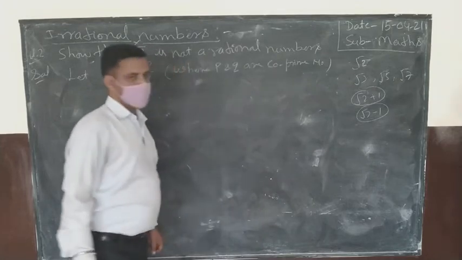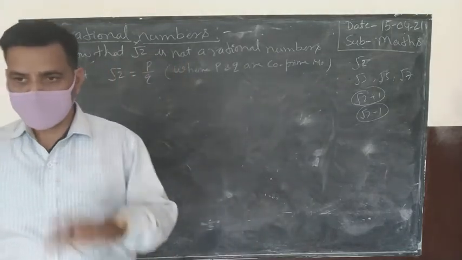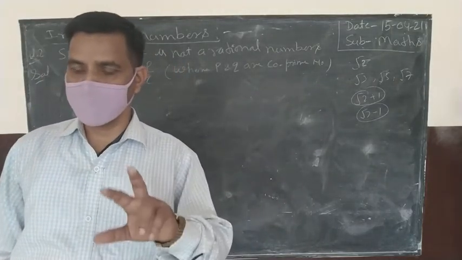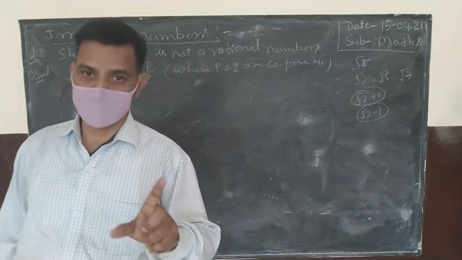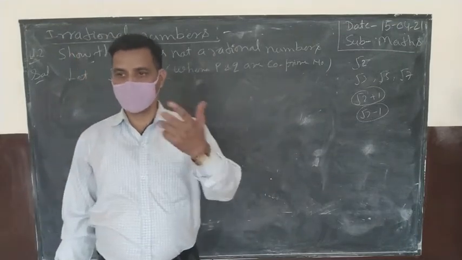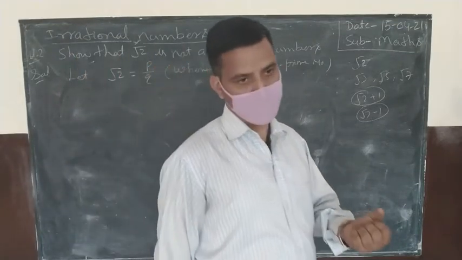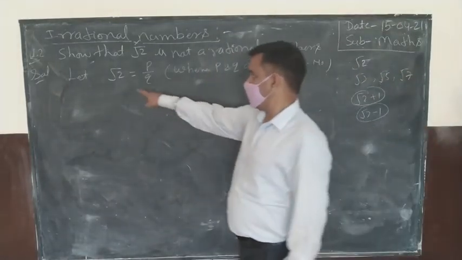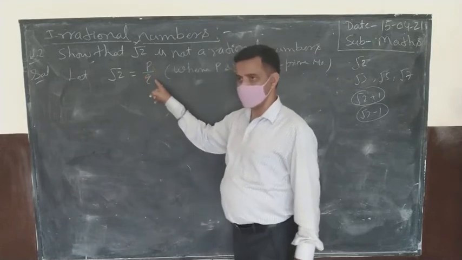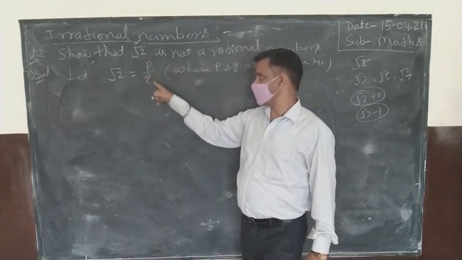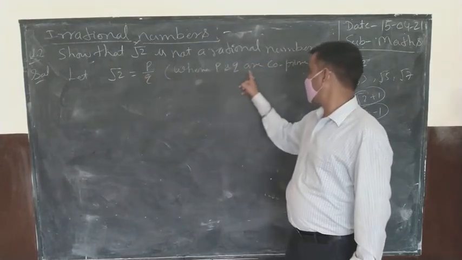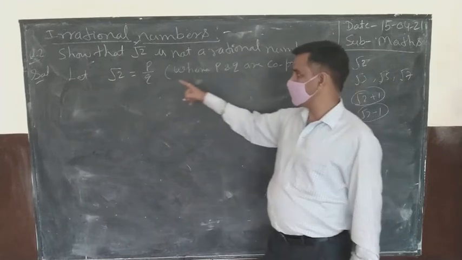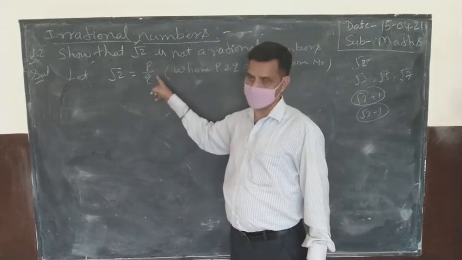You know that co-prime numbers mean those numbers not having common factors. Those numbers not having a common factor are called co-prime numbers. So this number root 2 is represented as P upon Q, where P and Q are co-prime numbers, meaning both numbers do not have a common factor.